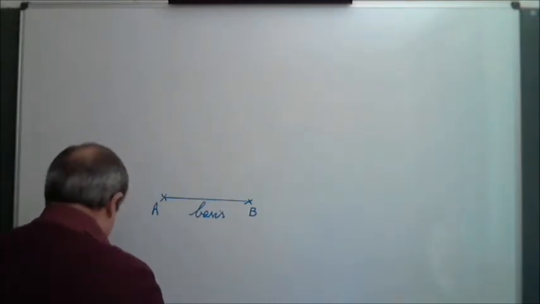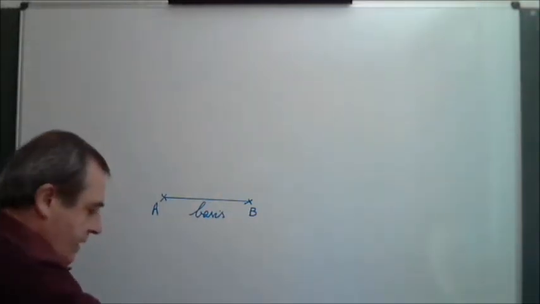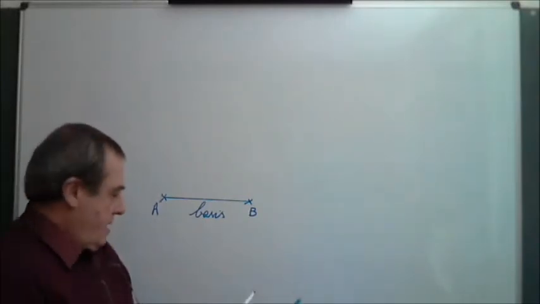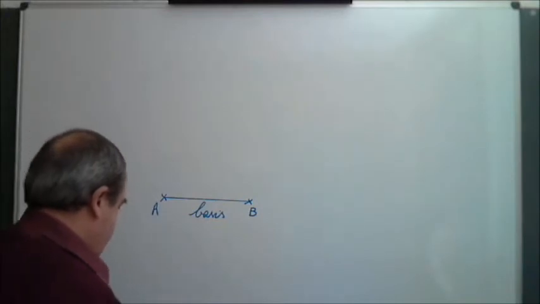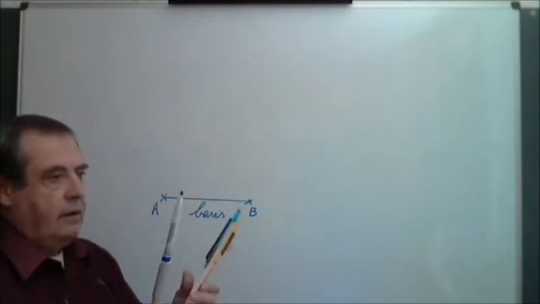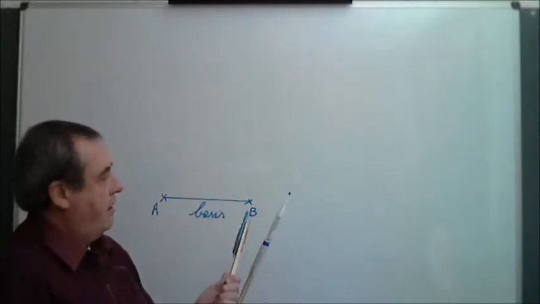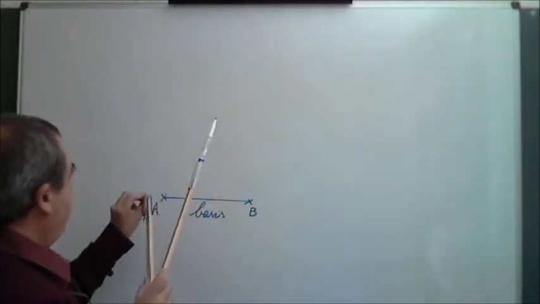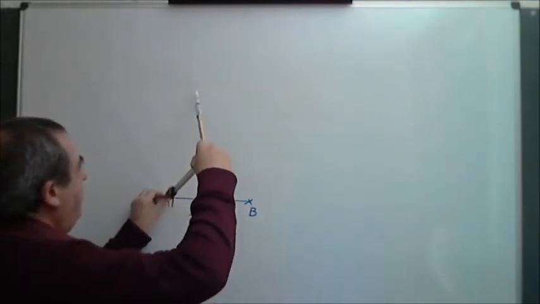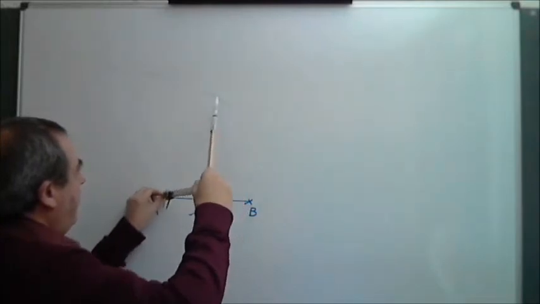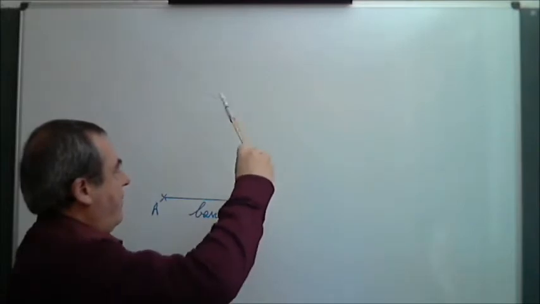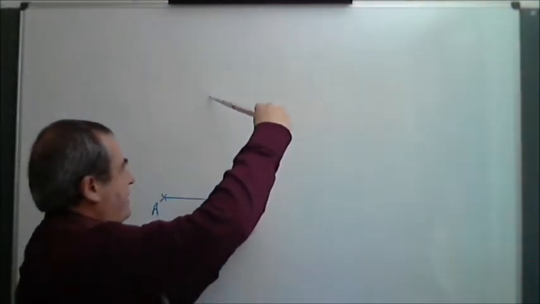So, to draw the apex, I use the compass. I take the length of the leg and put the sharp tip on one point. I draw a dash. The sharp tip on the other point, another dash.